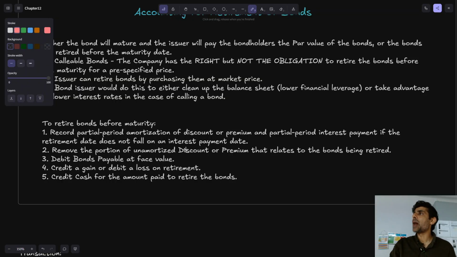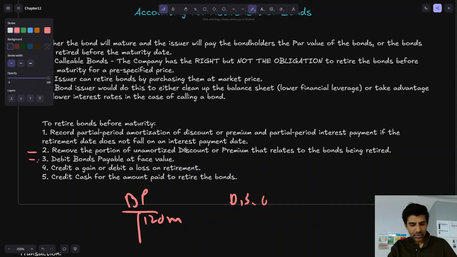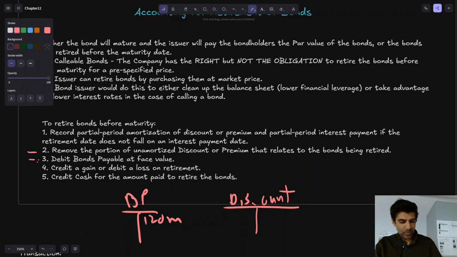Then it's kind of like how we got rid of plant assets. You're going to remove the unamortized discount or premium, and you're going to debit bonds payable at the face value. So again, we have bonds payable, let's say it was 120 million. Discount: maybe we started with 10 million, and maybe we were amortizing 1 million every year.